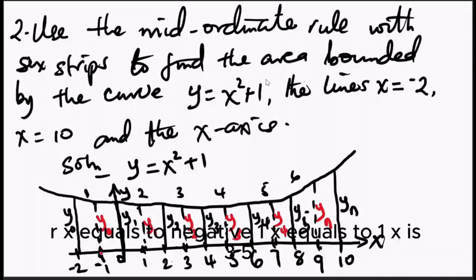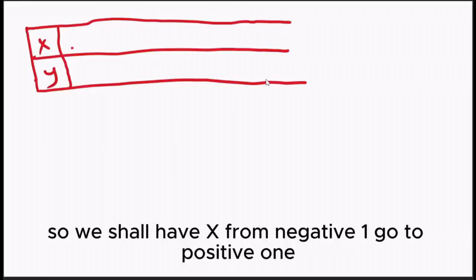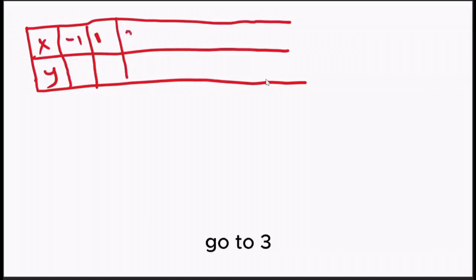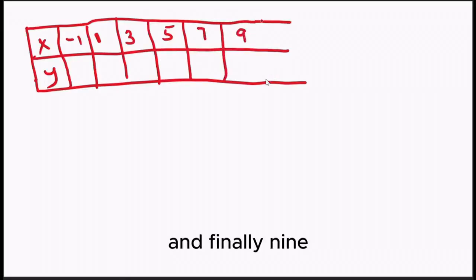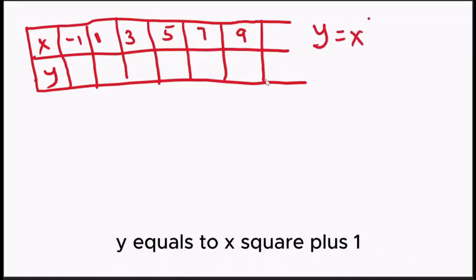are x equals -1, x equals 1, x is 3, 5, 7, and 9. Only the middle one. So we shall have x from -1, go to +1, go to 3, 5, go to 7, and finally 9. We shall use the equation of the curve y equals x squared plus 1.